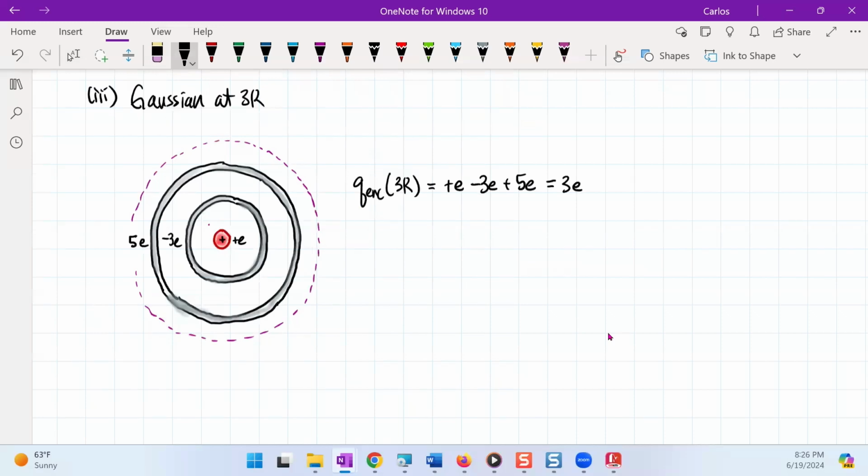This immediately tells us that the flux at 3R must then be 12 outward lines, since Q enclosed is equal to 3E.